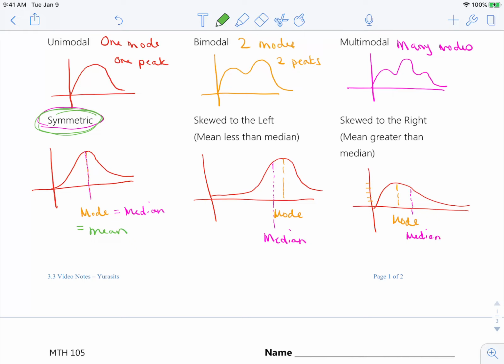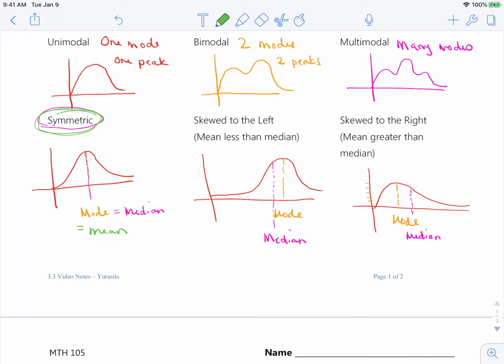Doesn't always happen, but it does happen. So if I tell you your histogram is symmetric and your mean is 48 points, then you know your median and your mode are around 48 points. They might not be exactly 48, but they're going to be pretty darn close.